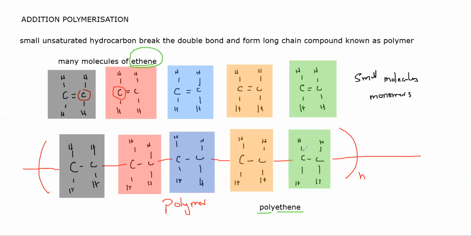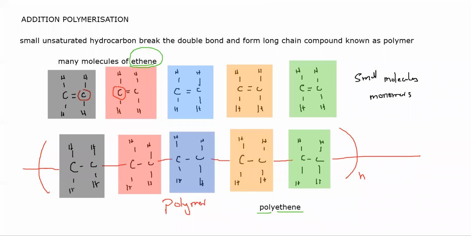Is it clear? Yes, since there is a single bond here, why are we still using the term ethene?